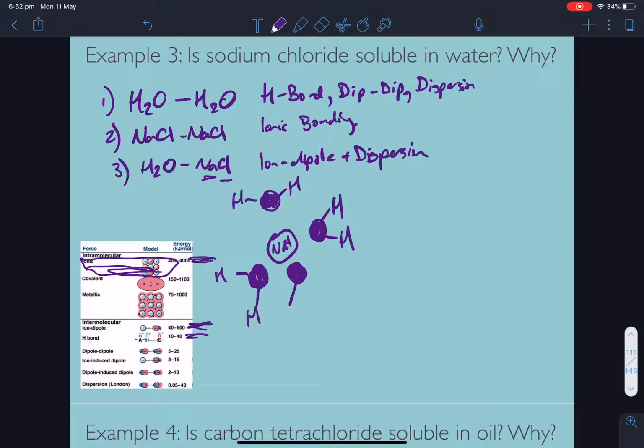I know this sounds like cheating, but I'm just trying to explain why it does happen. So it's not just the interaction between one ion and one water. Remember, we saw diagrams before, and you get attractions between all of them. So we get essentially 5 or 6 ion dipoles around it.